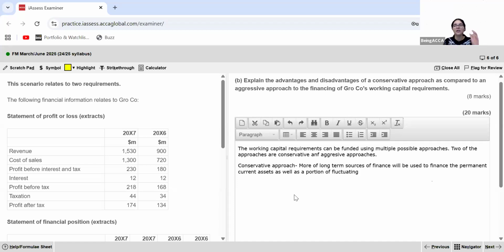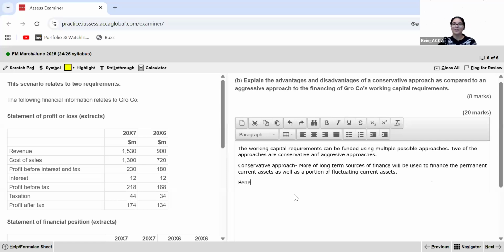So when the loan has matured, only then I have to make the payment. So there's no risk over there. I always have the money until the redemption or the repayment date. So here, just to be safe, I finance more through long-term sources of finance to get my money for the permanent assets, and also the portion of the fluctuating current assets.